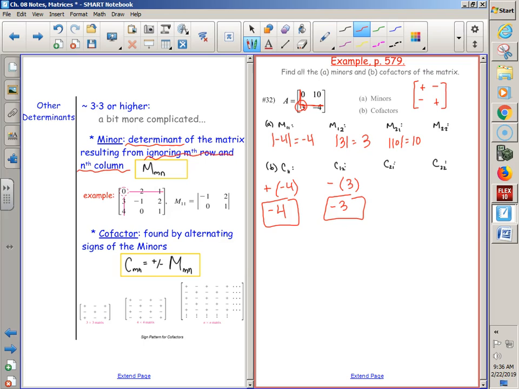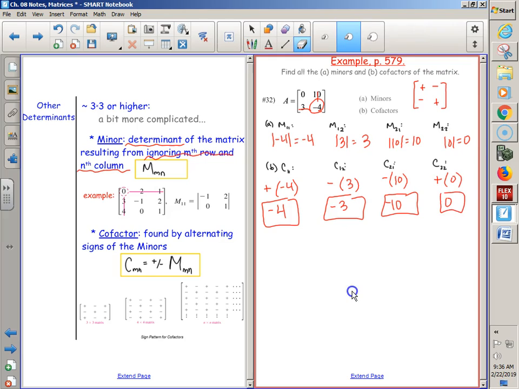The opposite spot, which means flip the sign. And M22 says, okay, finish this off. What's my last one? 0. Keep it the same. Well, I guess it doesn't really matter. It's 0 either way.